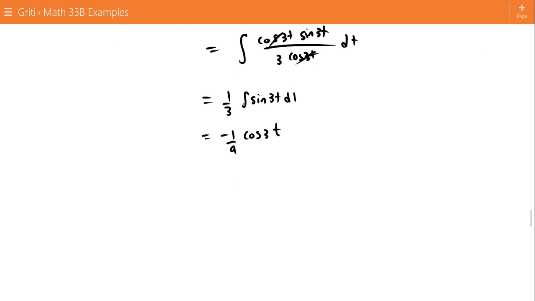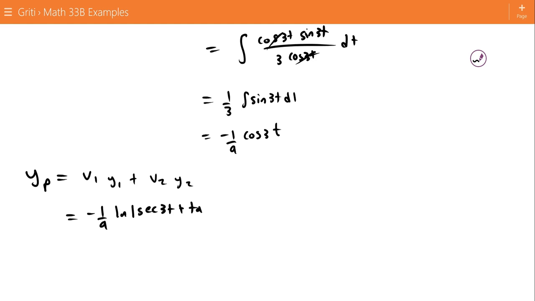So our y particular is v1 y1 plus v2 y2. That's going to be negative 1/9 ln absolute value of secant 3t plus tangent 3t, plus 1/9 sine 3t, all multiplied by cosine 3t, minus 1/9 cosine 3t sine 3t.